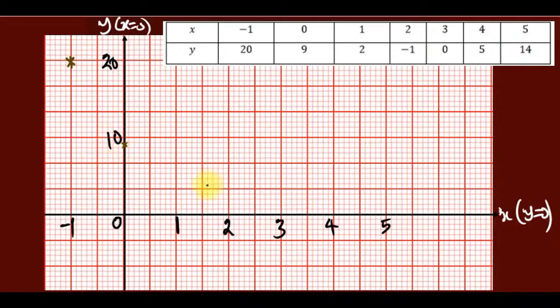So 2 when x is 1, so 1, 2, somewhere here. So when x is 2, y is minus 1. So minus 1 we divide, which is 1 divided by 0.667. So I have 1.4, that's 1.5 grid lines.